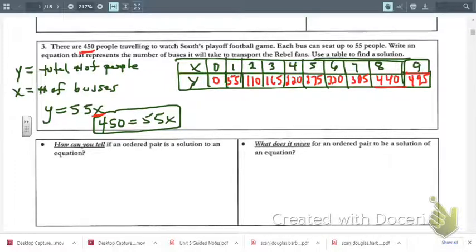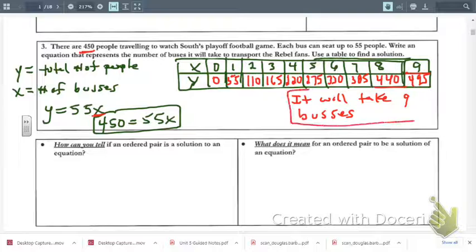That 9th bus is going to have some extra room. So it will take 9 buses. Okay. And then we can arrive at that answer by solving this equation. So we have 450 equals 55x. We can divide both sides by 55.